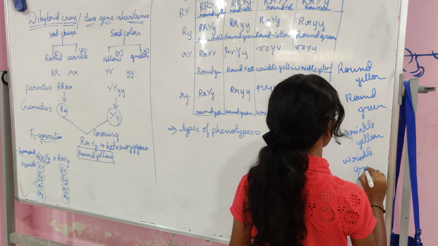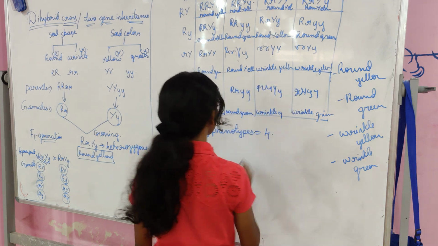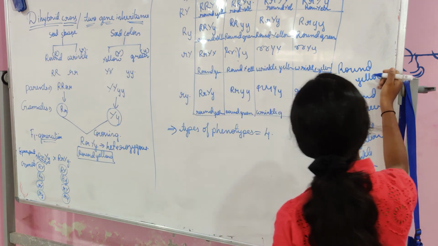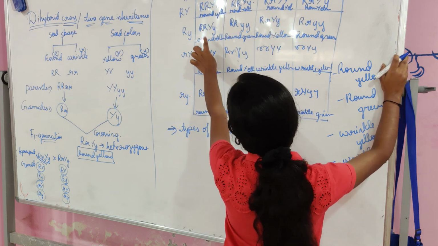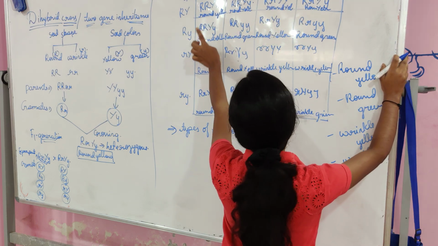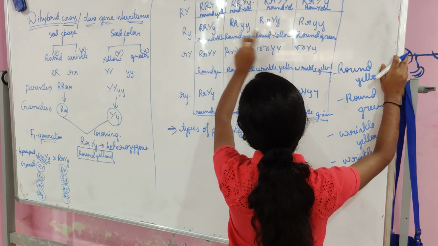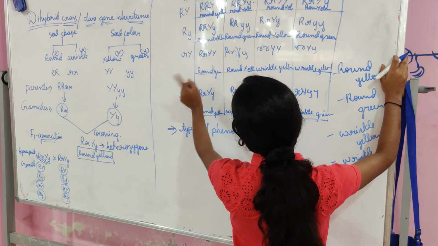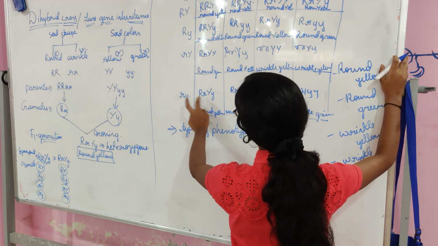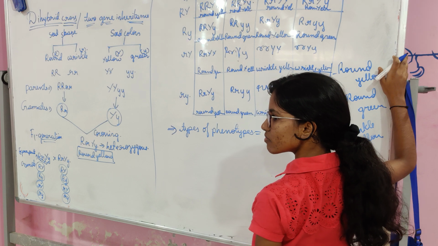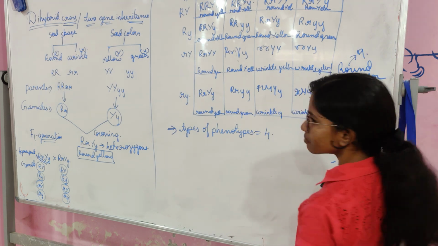So how many are there? So 4. Round yellow are 9 in count. 1, 2, 3, 4, 5, 6, 7, 8, 9. 9 round yellow, okay.